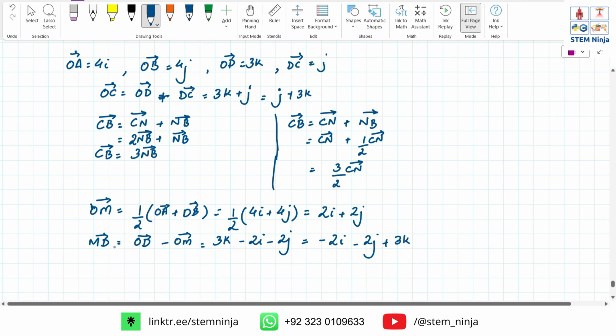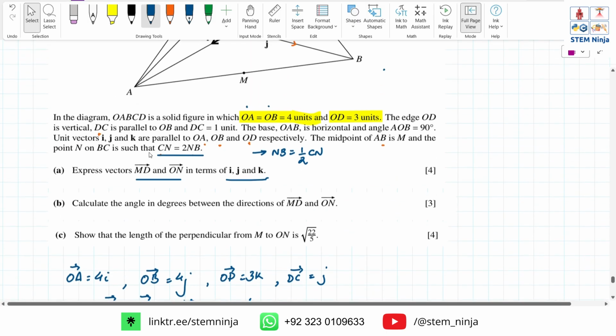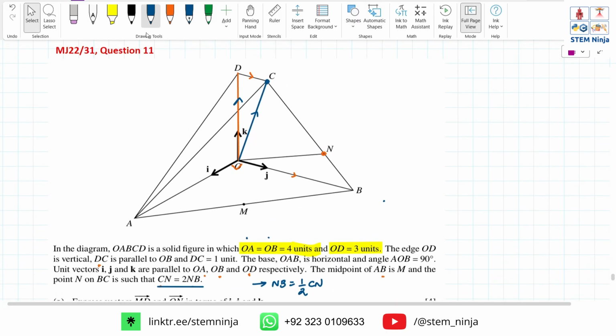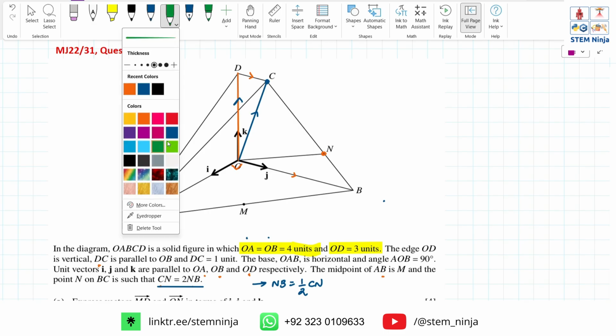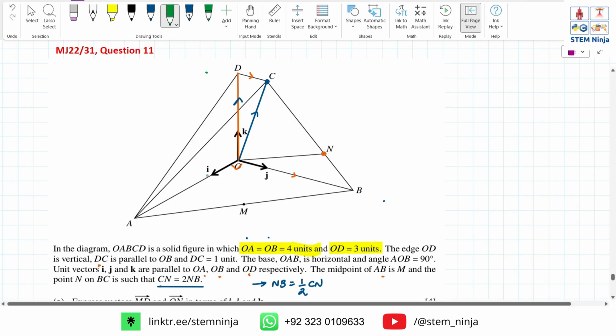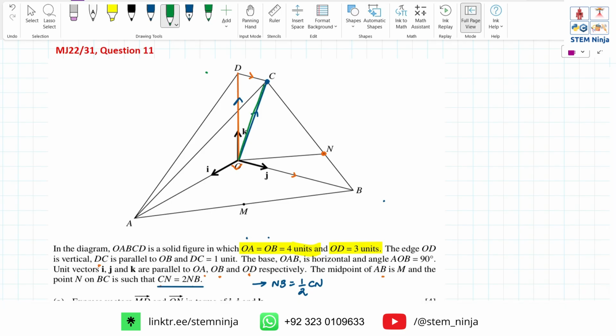Now we need ON. So there are two ways to go about this. Let's change the color a little bit. What we can do is go to OC and then CN, which is going to be parallel to CB.